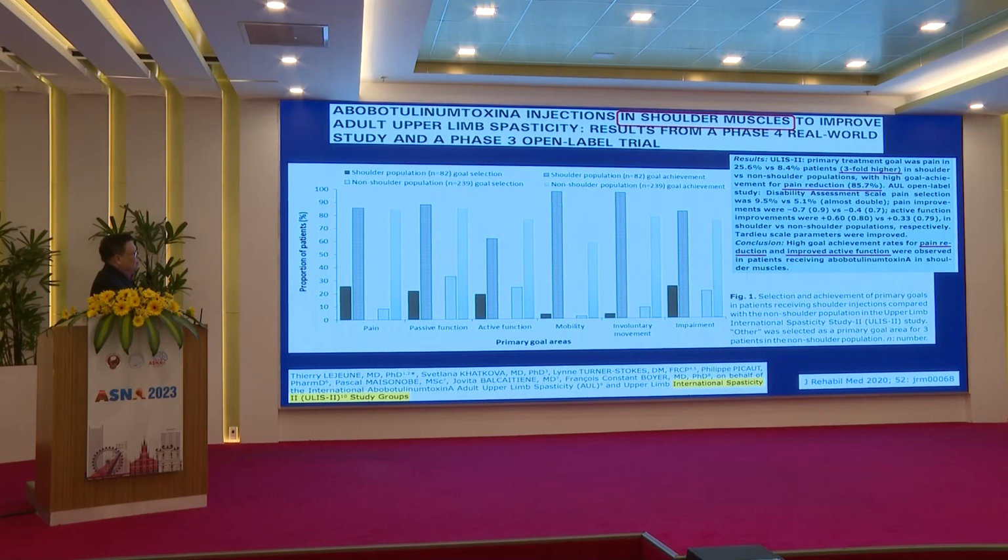So therefore, maybe if you do proximal injections, which is actually the thing that we don't do routinely, we can impact more in terms of function of our patients here. Passive function, active function, mobility, involuntary movement, and impairment, if you look at those with shoulder pain versus those which are non-shoulder pain.